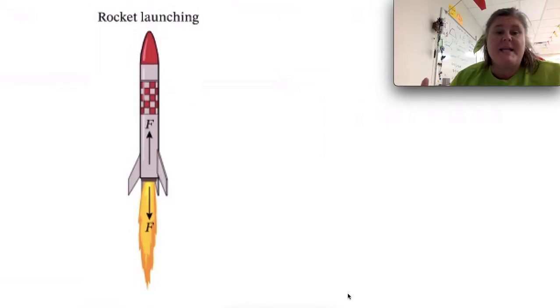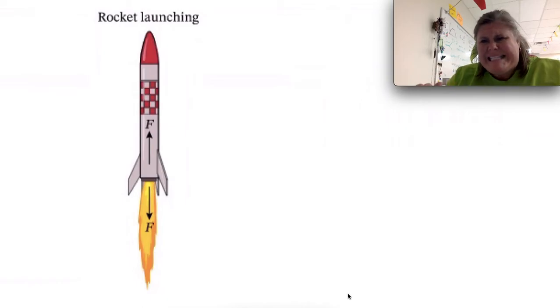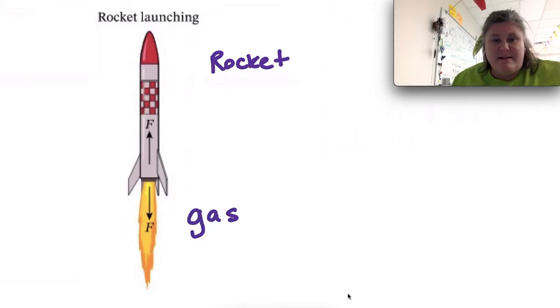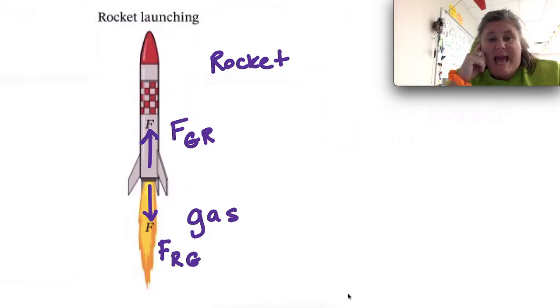Okay, rocket launching. This one's a hard one. In this case, the two objects are the rocket and the gas. We have the force of the gas on the rocket, and then we have the force of the rocket on the gas.